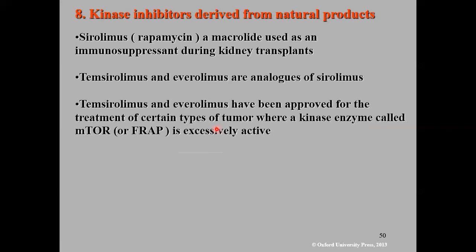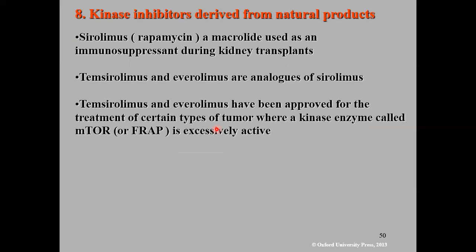But the more polar analogs, temsirolimus and everolimus, are analogs of sirolimus. These analogs have been approved for the treatment of certain types of tumor, where a kinase enzyme that is called mTOR or FRAP is excessively active.